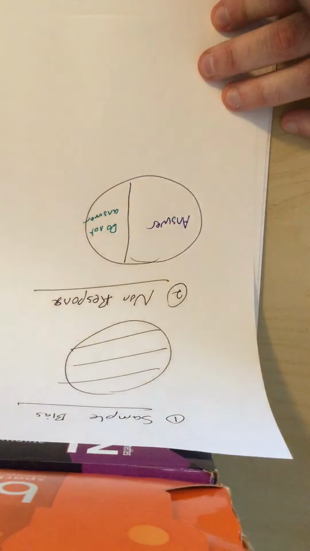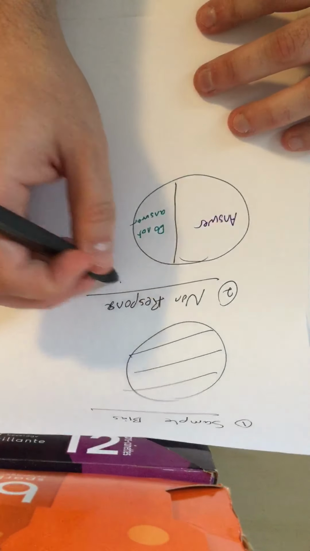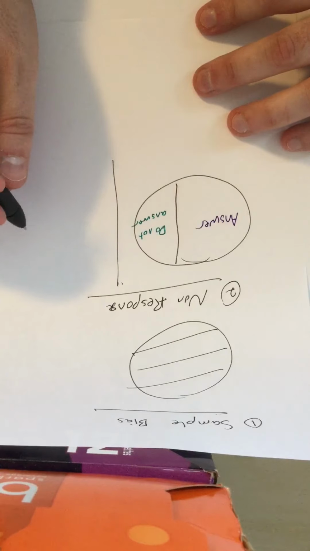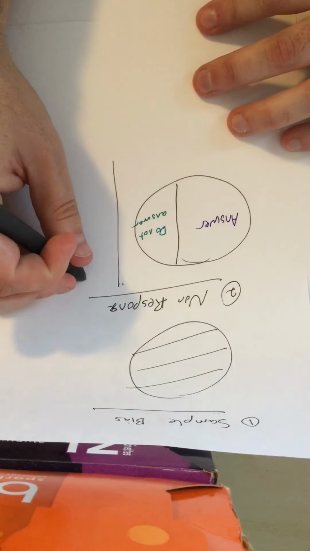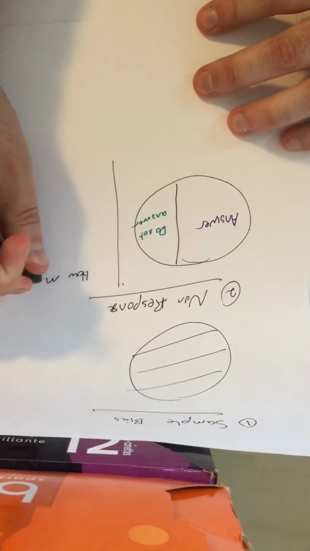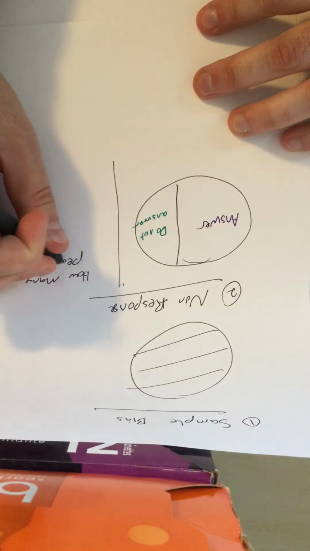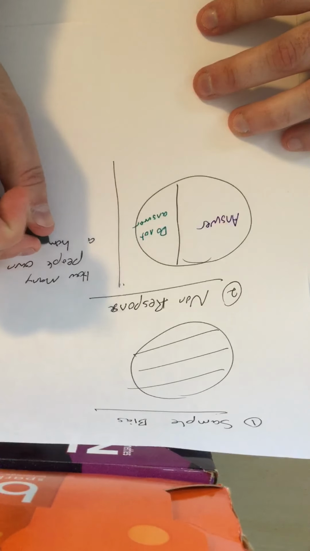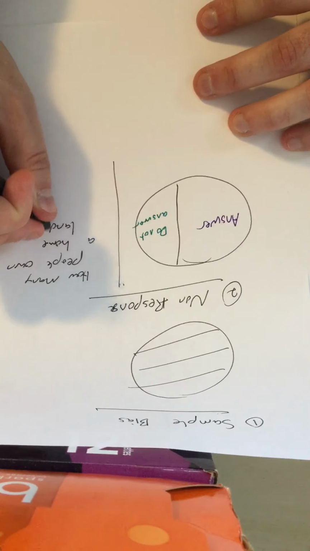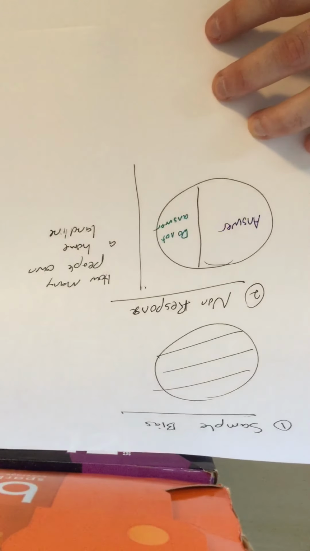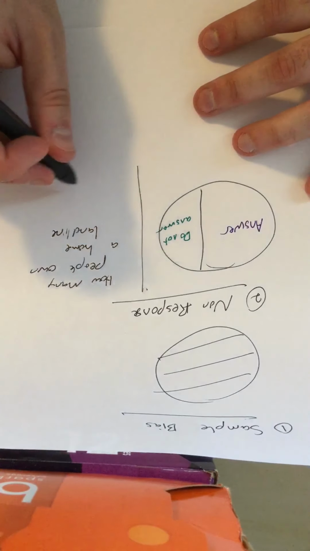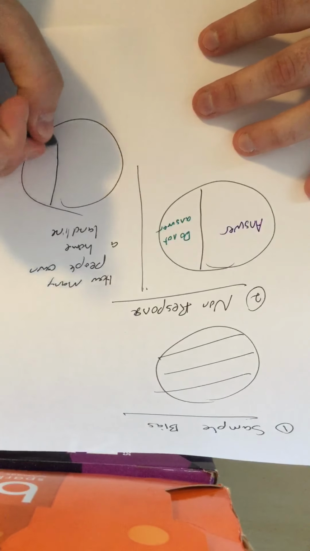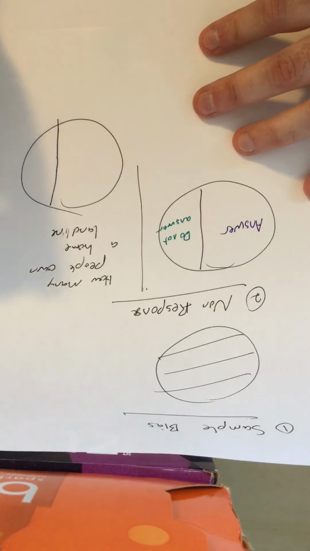So for example, if I did a survey, how many people own a home landline? So let's say I find out how many people have a home landline, and I did a survey by calling people on their landlines to find out how many of them have a home landline.